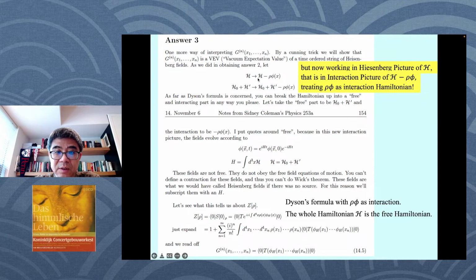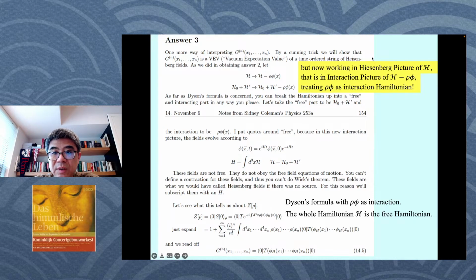After some calculation, the same vacuum persistence amplitude will give you the same generating function, but now the Green function is a series of phi H, time ordered and sandwiched between two real vacuums.